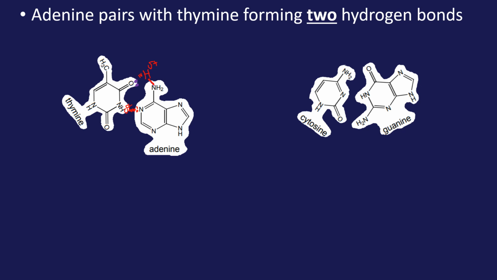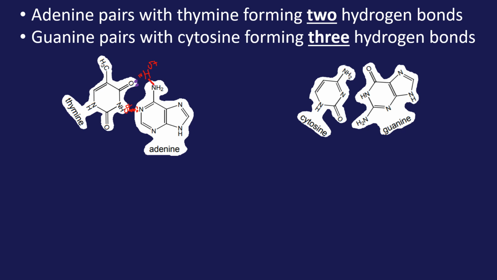Okay, 1, 2. Now when it comes to the cytosine and guanine, there's three hydrogen bonds. The same scenario, the only difference is there's another one down the bottom here because we've got another carbonyl here. So delta plus on the hydrogen here, carbonyl, lone pair on this nitrogen here, this delta plus hydrogen, lone pair on this oxygen, delta plus on this hydrogen.